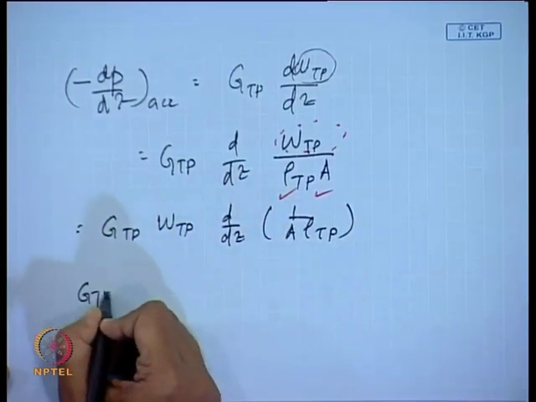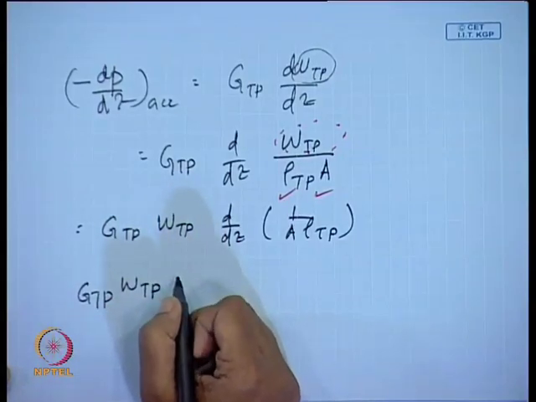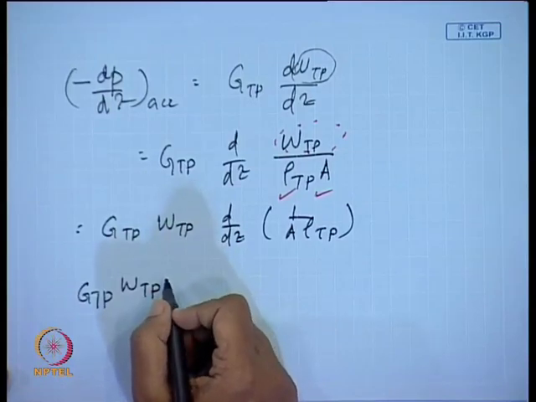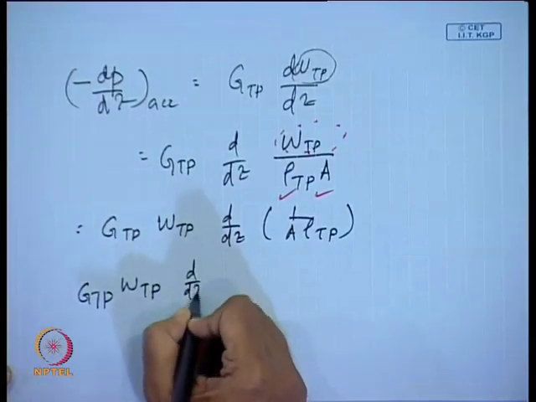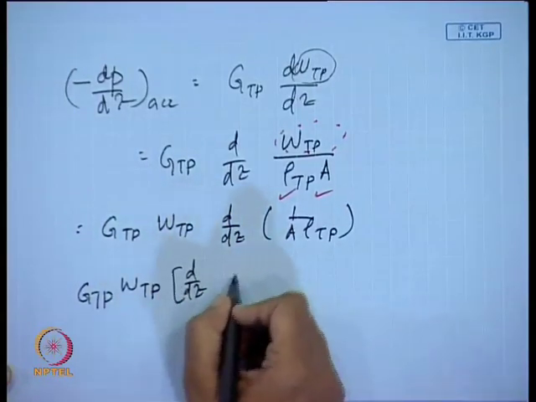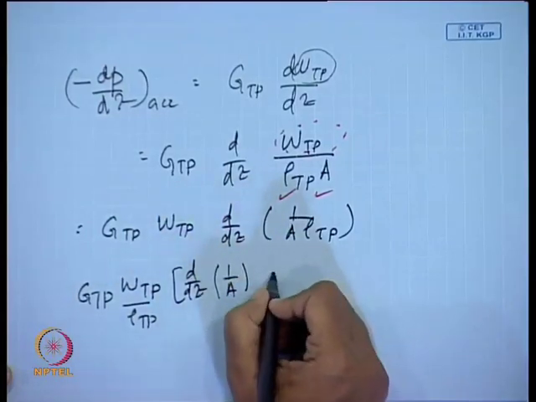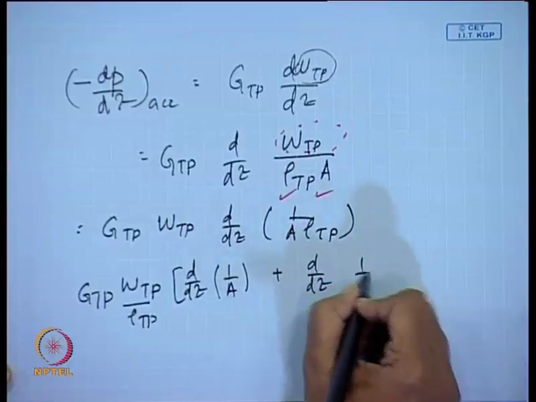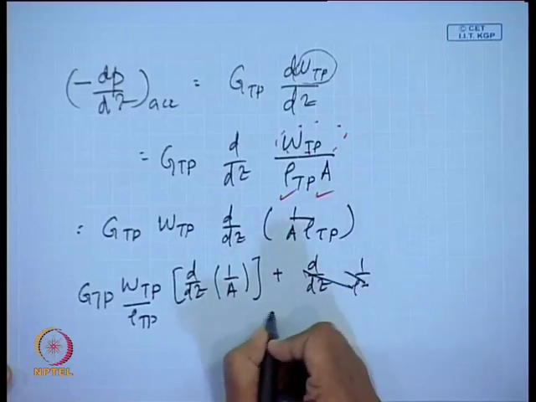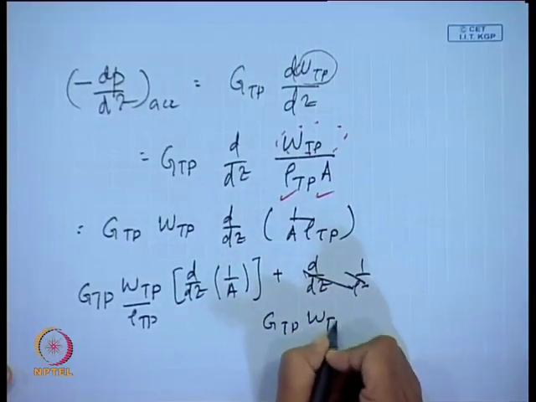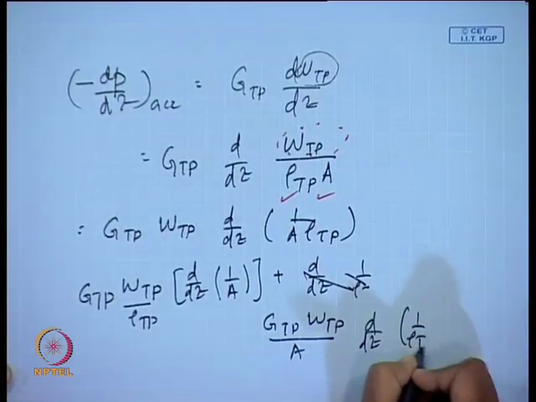You get G_TP W_TP, and if you perform these differentiations, what you get is W_TP/rho_TP d/dz of 1/A, plus G_TP W_TP/A d/dz of 1/rho_TP.